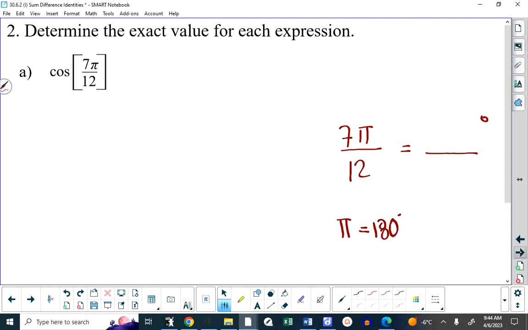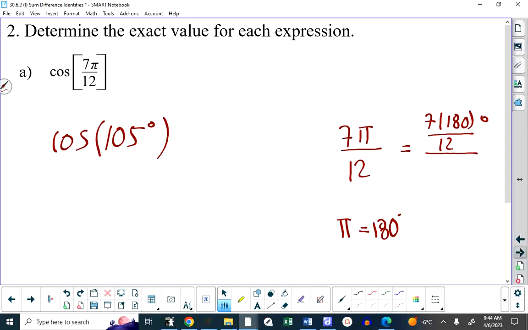So I just have to take 7 times 180 divided by 12. This is going to be 7 times 180 over 12. I think that's 105 degrees. So what that means is that cosine of 7 pi over 12 is the same as cosine of 105 degrees.